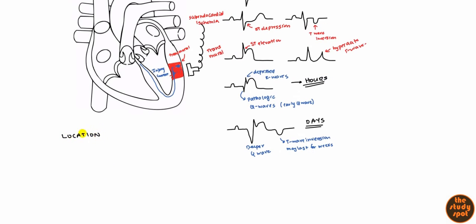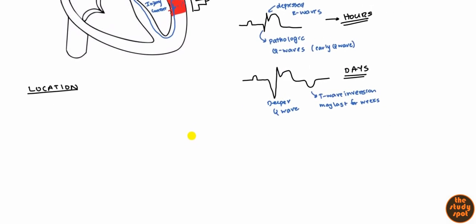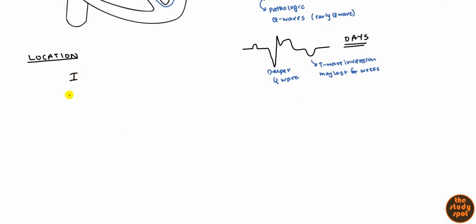Let's talk about the location. So you do have 12 leads. The way I do it to know what location it's in, I kind of summarize it how I'm doing it now. I'm running all the chest leads here, V1, V2, V3, V4, V5, and V6. This is how it comes up when you have the ECG document.